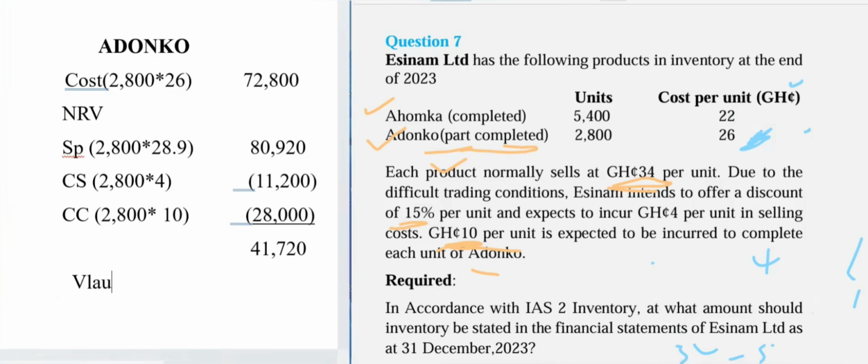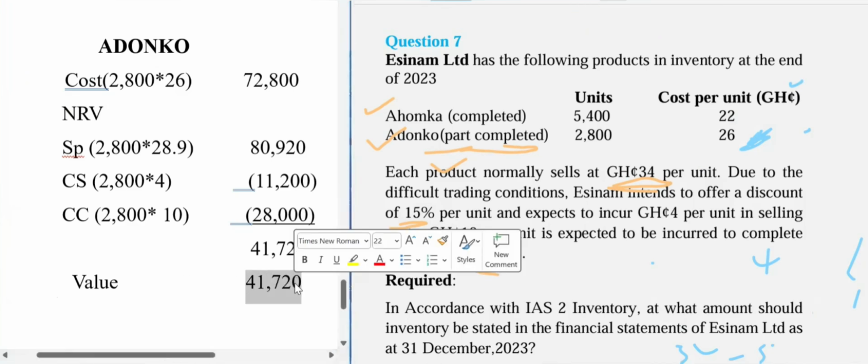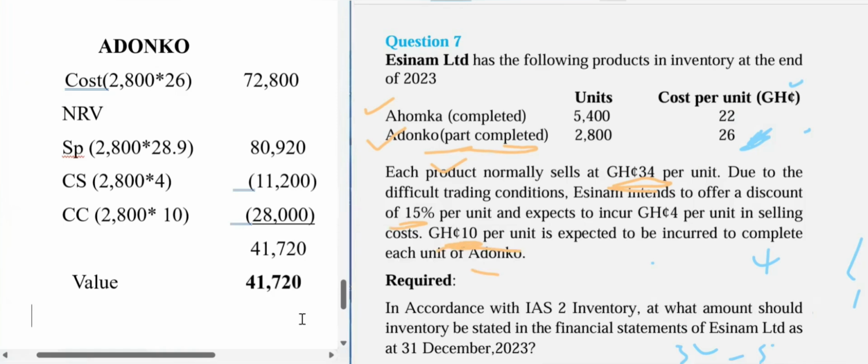The value should be the lower, which is 41,720. So this is the value that we are going to assign to Adonko, which is work in progress, partly completed.